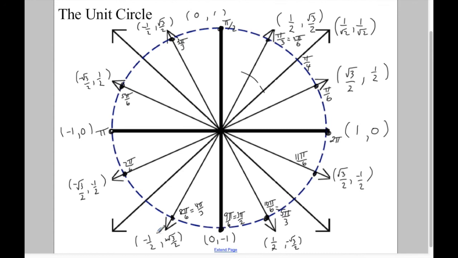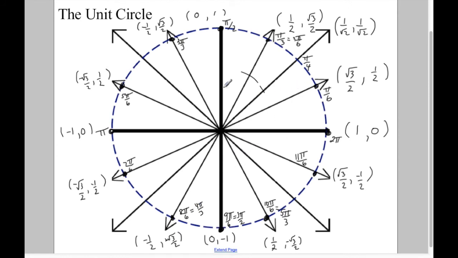The sine of an angle bigger than 180 degrees, in this third quadrant, is negative, and the cosine of an angle in this quadrant is also negative by the CAST rule from last year. So we will remember these values by just looking them up. Remember that that's going to be the cosine, that's going to be the sine.